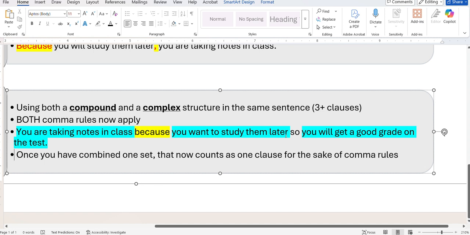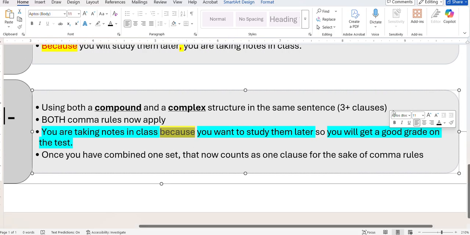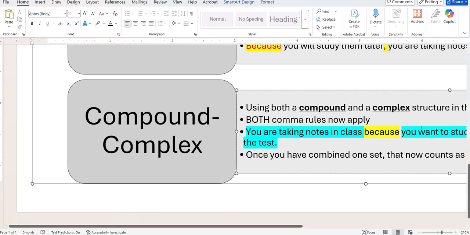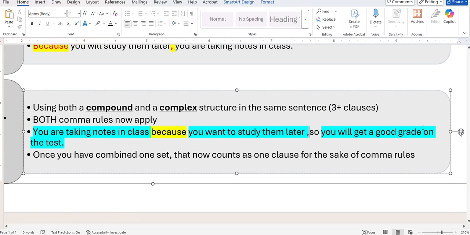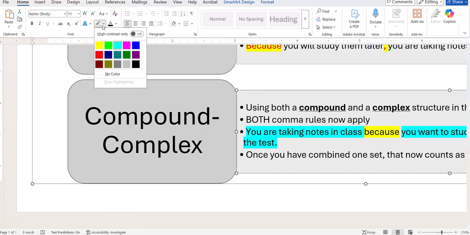And here, because we have complete sentences on both sides of the coordinating conjunction, this makes it a compound sentence, and this makes it a complex sentence, so it's compound-complex. It's really getting frustrating. Change to yellow.